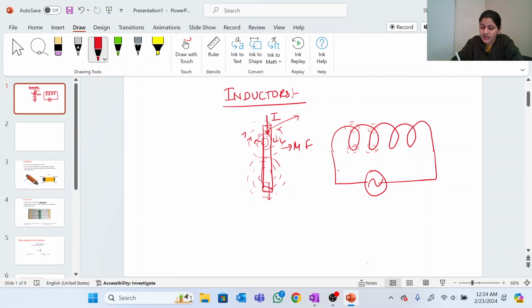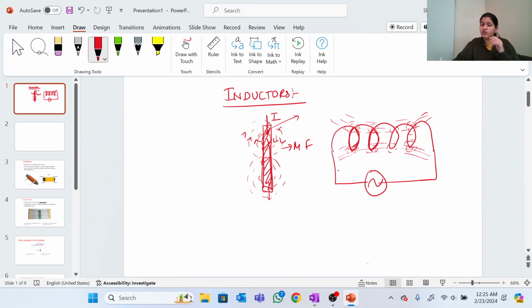Accumulating all these magnetic lines, because of their accumulation, you will see these kinds of magnetic lines.